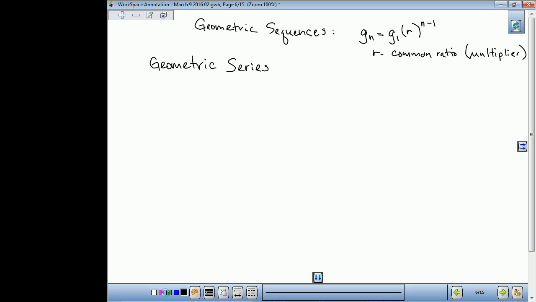It's really kind of cool, but if you're writing and trying to keep up, you're going to miss a lot. So just kind of watch. All right. So to find the sum of a geometric series, it's the first term plus the second term plus the third term plus the fourth term plus and so on, all the way to the last term, right?